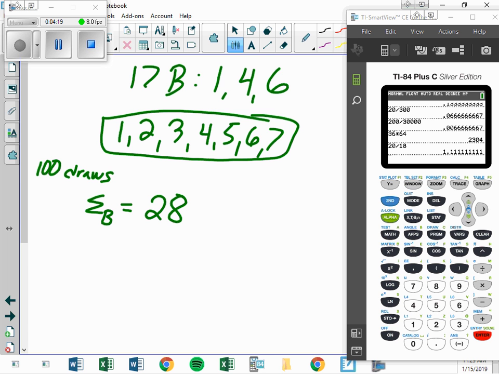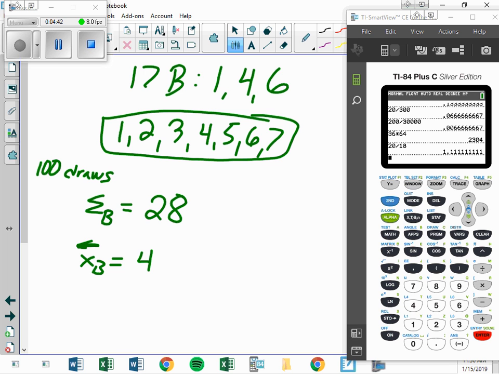Okay. So that means if you play this game 7 times, you're expected to win $28. The average of the box is simply 28 divided by 7, which is 4. What does that number mean? Each draw is worth $4 on average.